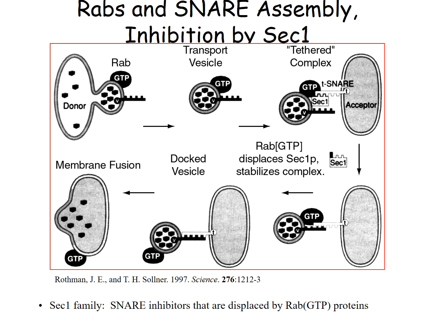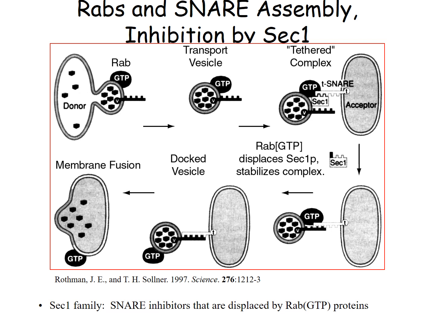So while Rothman and his group were isolating the snares, the NSF, the RABs, the machinery, they were finding that there were other proteins involved. And one of those was found by Schekman's group in yeast. It's called SEC1.